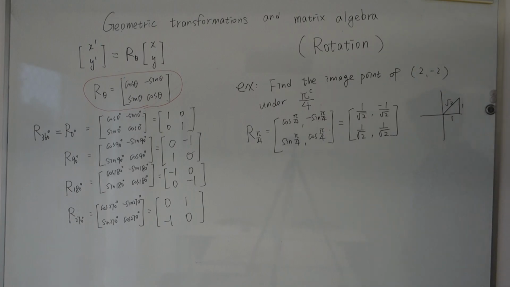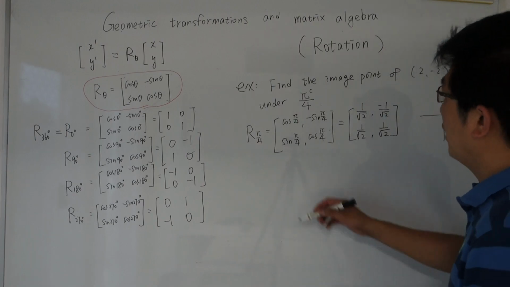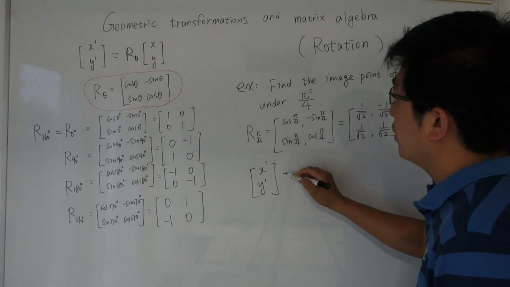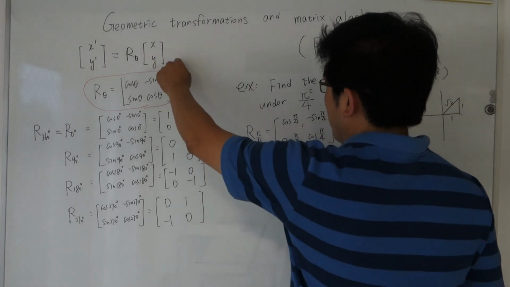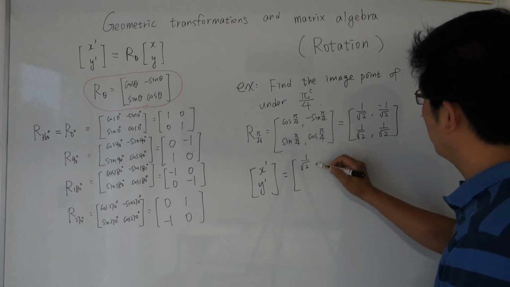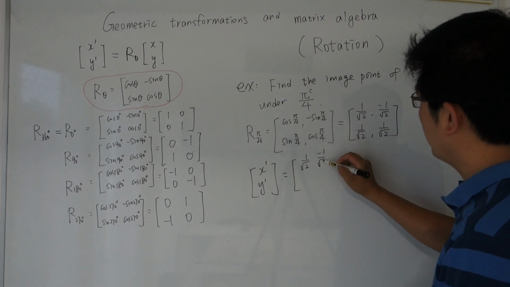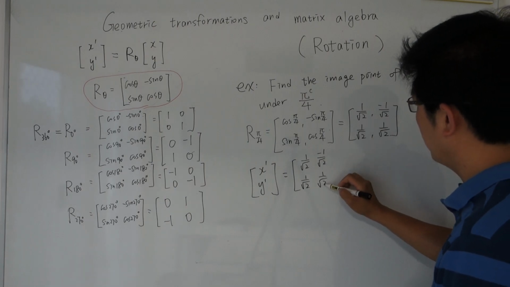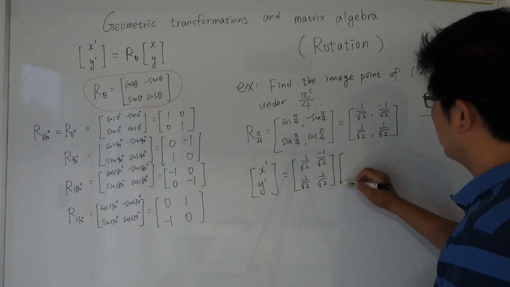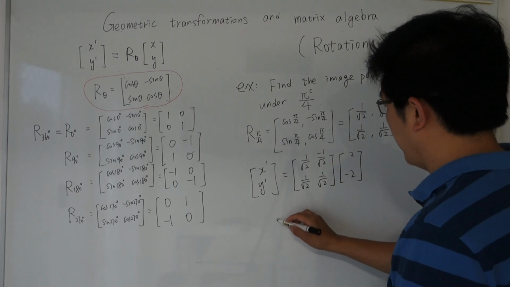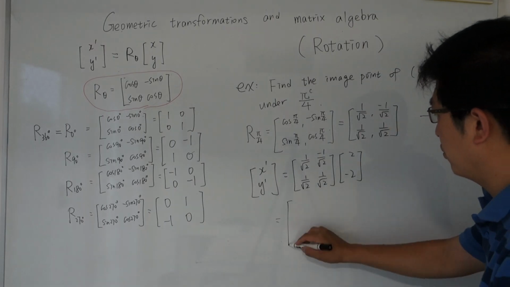So that's the rotation matrix. Okay? Therefore, the new point should be what? New point equal to rotation matrix times the original point, 2, negative 2, right?